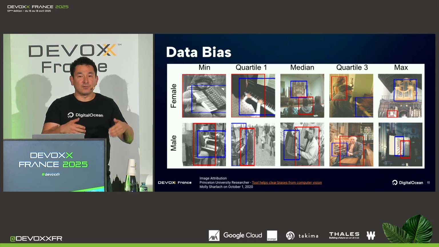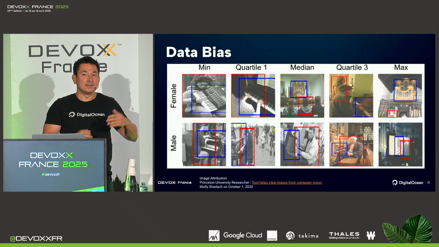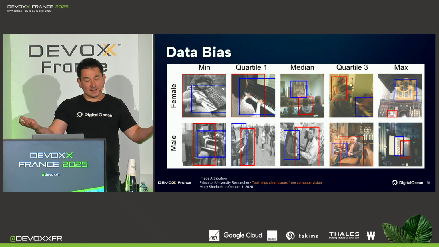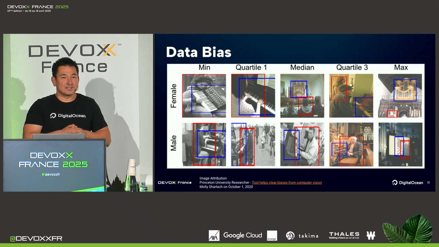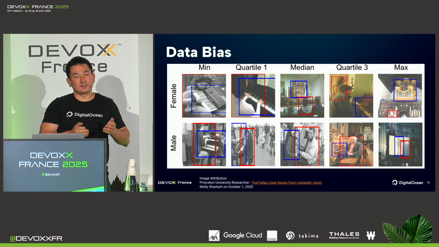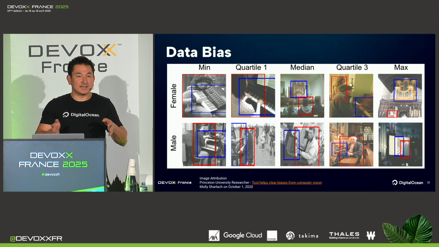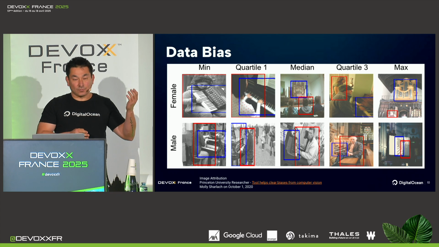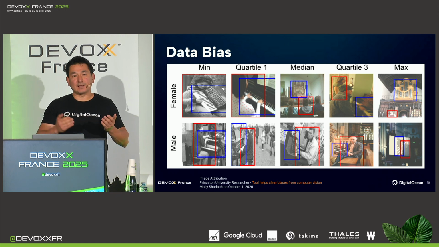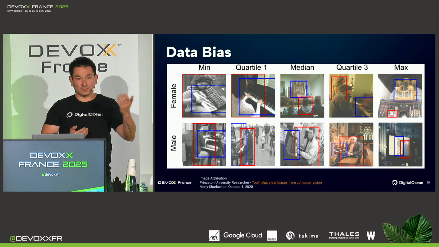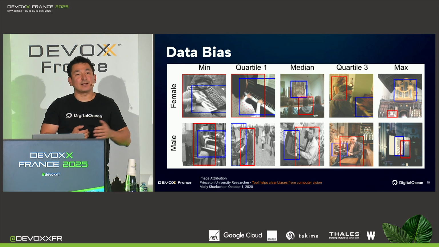The data they were providing to train this ML model had a huge amount of data bias, because a good portion of the women in the pictures would be a character or something off to the side instead of playing the instrument directly.